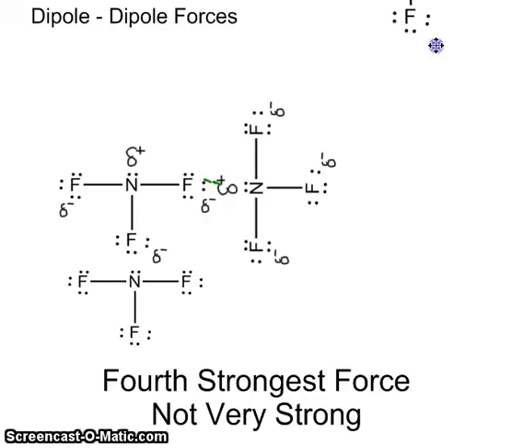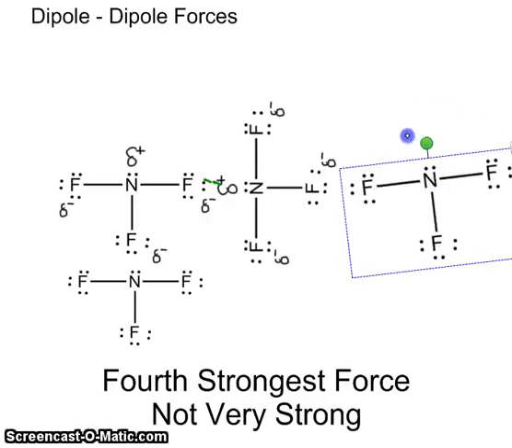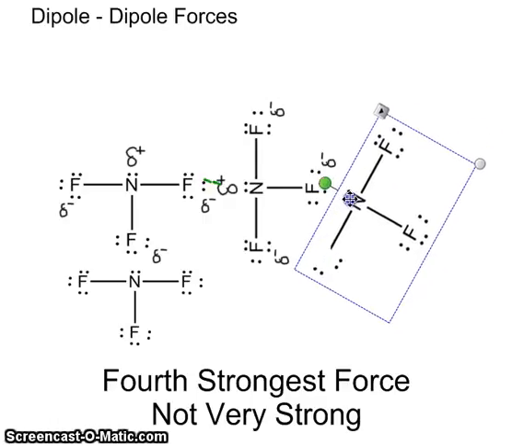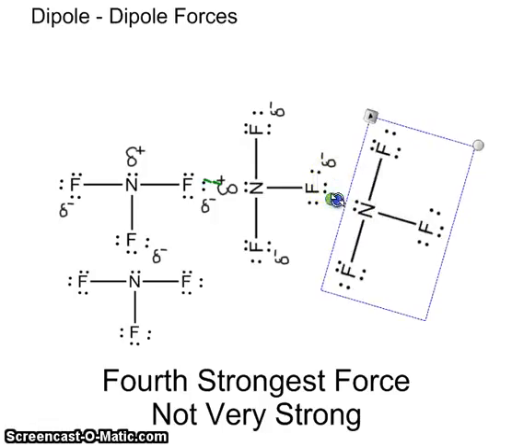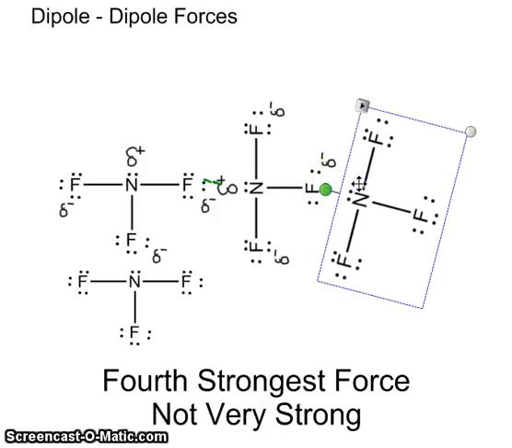And then, believe it or not, Joe, we could spin this around. The nitrogen could be attracted to this fluorine here. And so there's just an attraction going on between all these molecules. That's actually where the term intermolecular forces comes from: forces that exist between molecules.